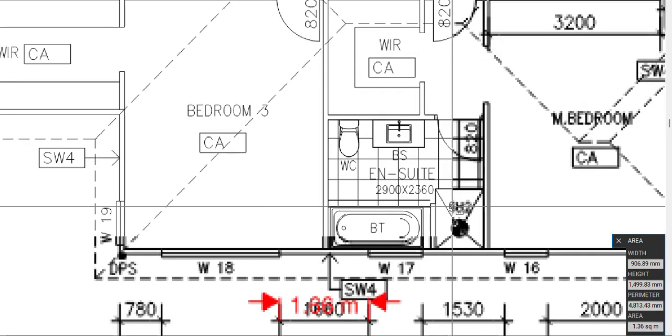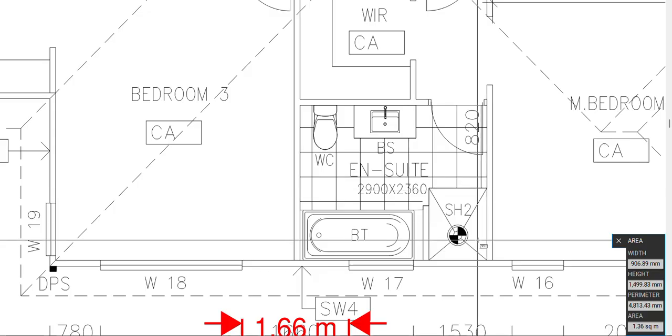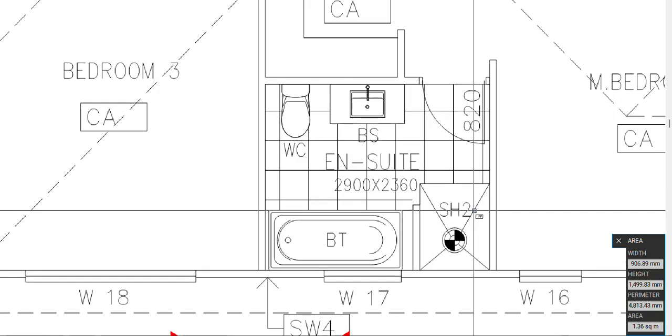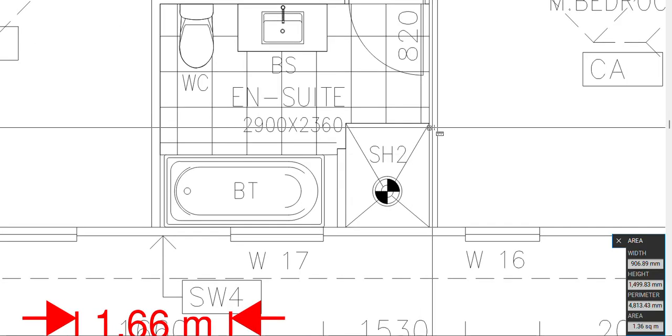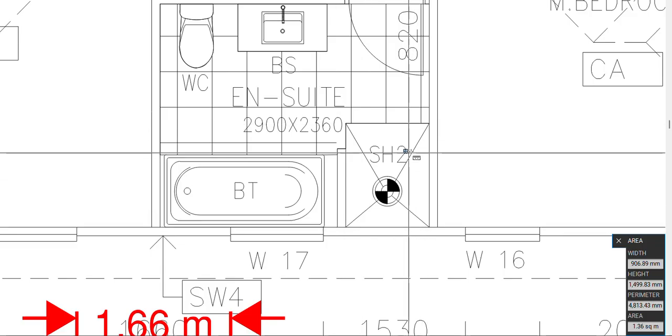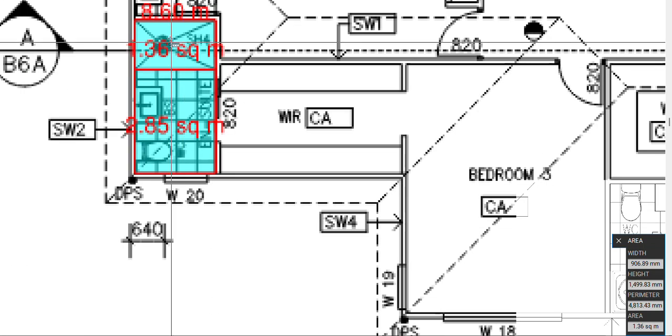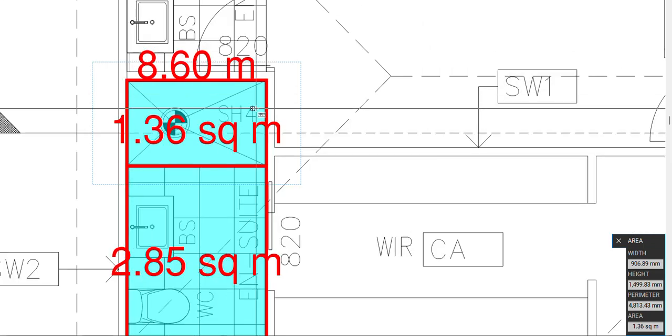If there is front and return like this, then there are two sides of waterproofing the tile shower area. Those walls attached to this shower area: if it is front and return shower, it is attached to two sides, but in front only it is attached to three sides.